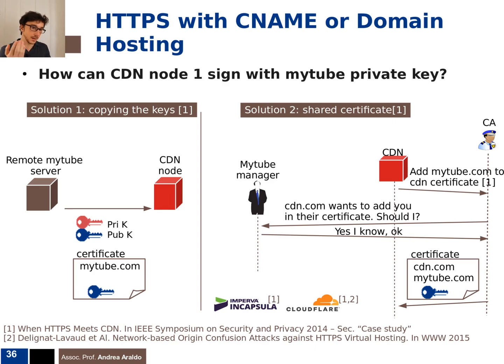They ask the content providers to send the private key. This means that content providers have really to trust CDNs, and if the CDNs start to make malicious actions impersonating MyTube, MyTube cannot do anything. So this may seem absurd, but this is one of the used solutions nowadays in the internet.